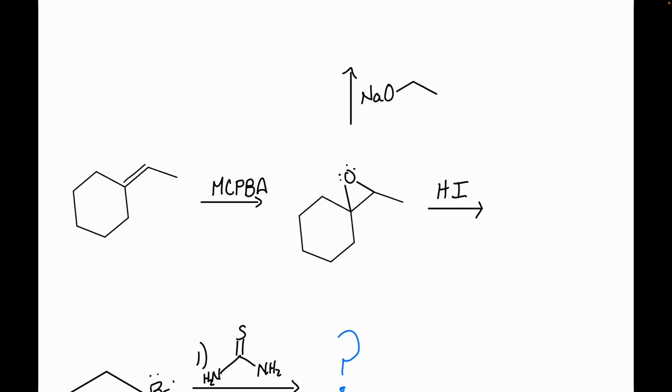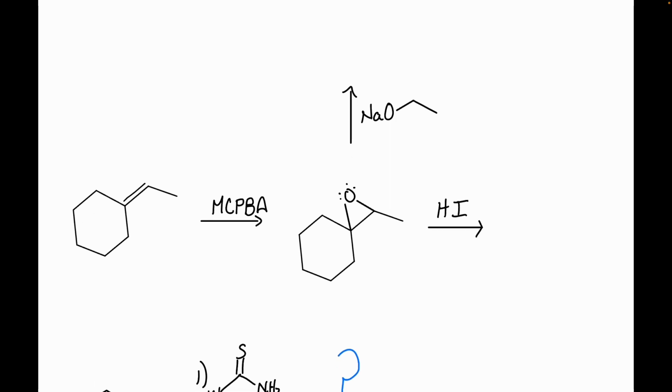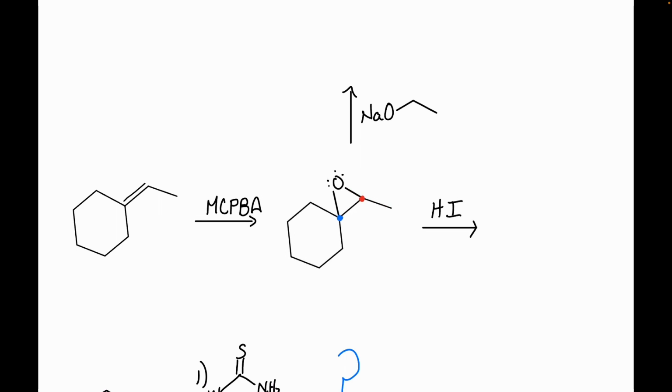Okay, so I'm going to take that epoxide and treat it with these two compounds here, HI. I'm going to color this carbon right here in blue and this carbon right here in red. All right, HI, which one am I going to add my iodide to? Red or blue? Blue. How do we know it should be blue? Yeah, because HI is one of our strong acids, right?